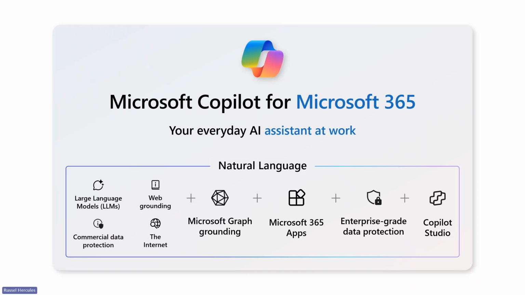That's led us to the creation of Copilot for M365. Copilot for M365 is your AI companion for work. It brings your work data from the Microsoft Graph into cutting-edge large language models that we find in Microsoft Copilot.